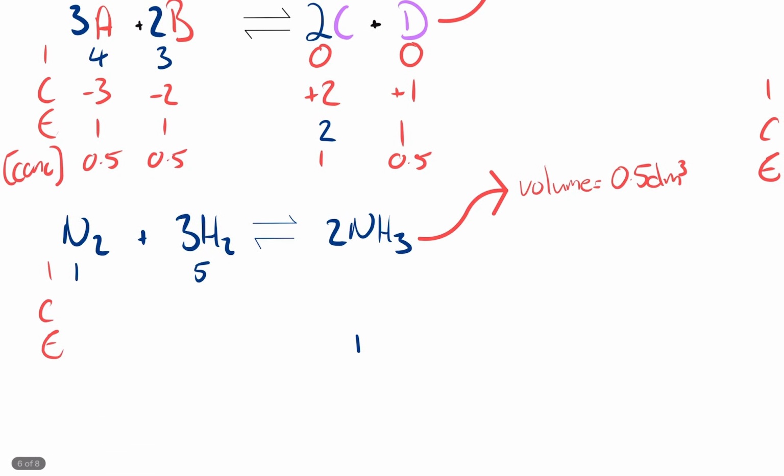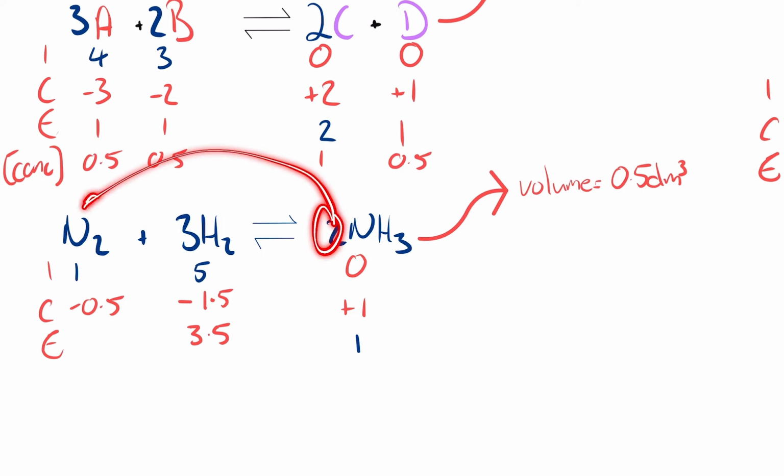Last one. So again, 0 plus 1. Now we look at our molar ratios, divided by 2 and times by 3, plus 1, -1.5, sorry. And minus 0.5.